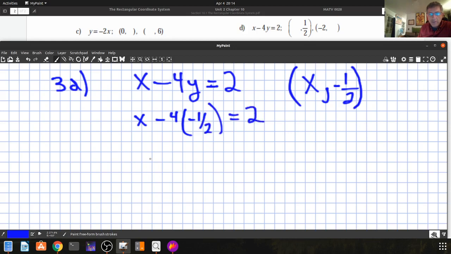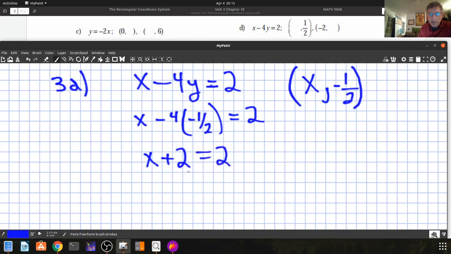So now I just simplify. Minus 4 times minus 1/2 is the same thing as minus 4 divided by 2, which is minus 2 times minus 1, which is plus 2. And that is equal to 2.